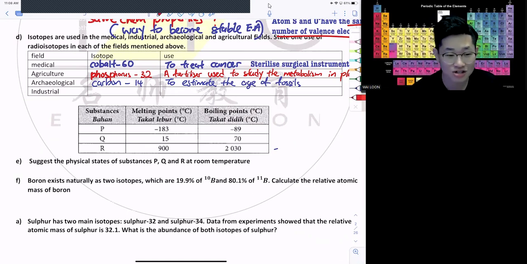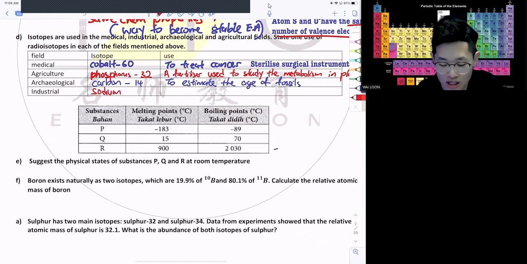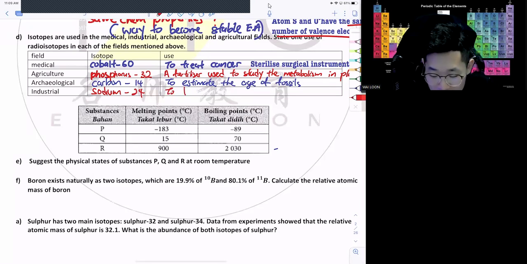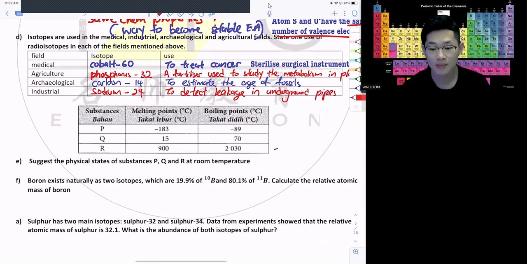And then for industry, they always like to test you on sodium 24. Sodium 24 is used to detect leakage in the underground pipes.